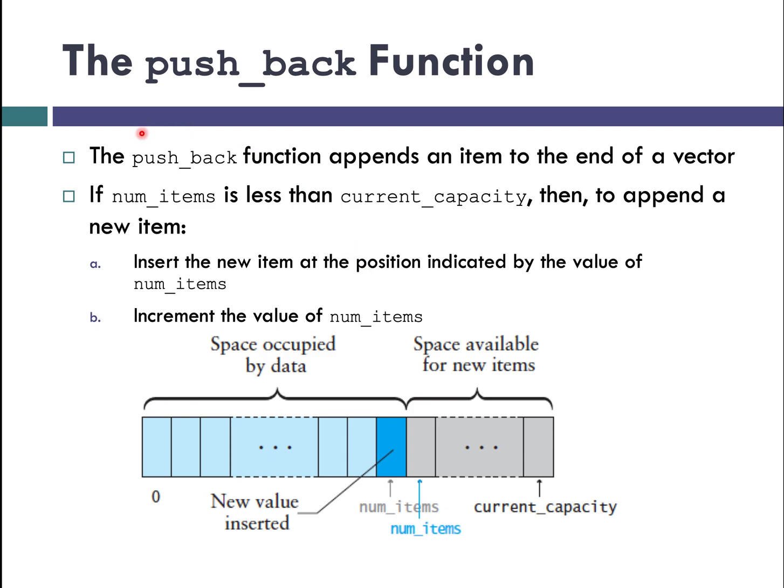Let's look at some of the other functions. Push back appends an item to the end of the vector. So what it's actually going to do is, we've already kept track of what new items is. We're going to go ahead and put the new value where new items pointed to, and then we're going to move new items to the next space in the array.